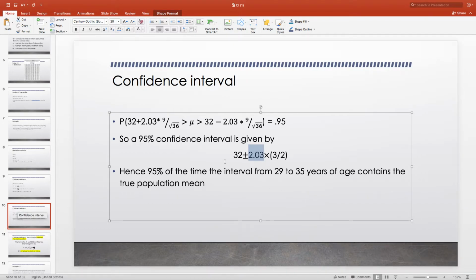So let's look at this form of the confidence interval a little bit more. Like I said, this part 32 represents x bar, this 2.03 represents a t-distribution value, and this 3 over 2 represents the sample standard deviation of 9 divided by root 36, or root n.